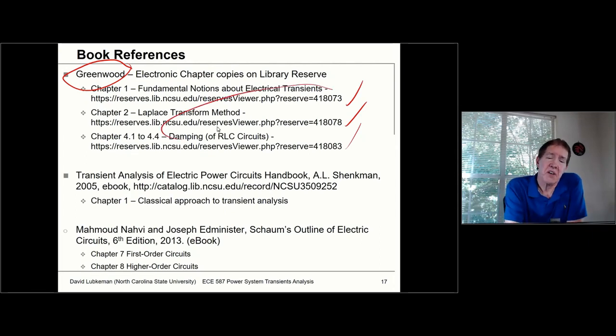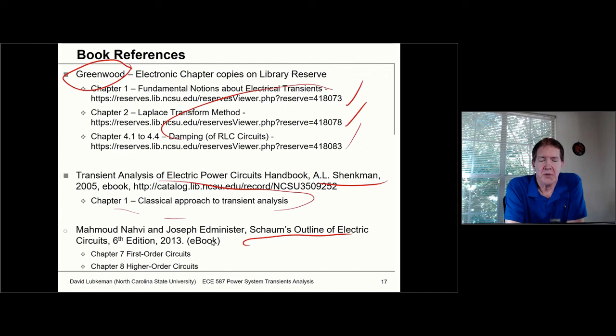But at least you can take a look at what you get for the solutions. There's another book by Schenkman that talks about doing transient analysis, and there's some material in chapter 1. And if you also want to get some practice on solving different sorts of problems, there's a Schaum's Outline book, which is an ebook you can download.